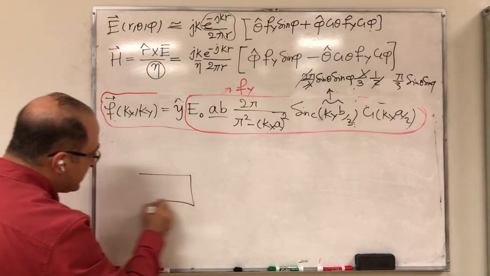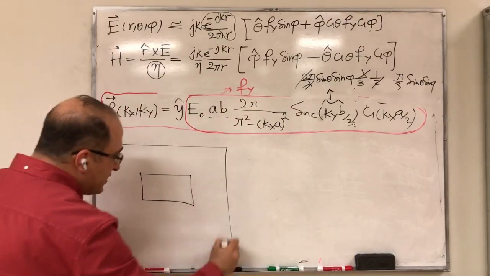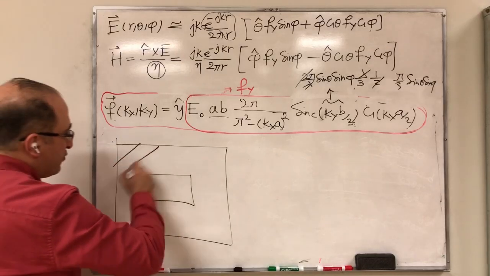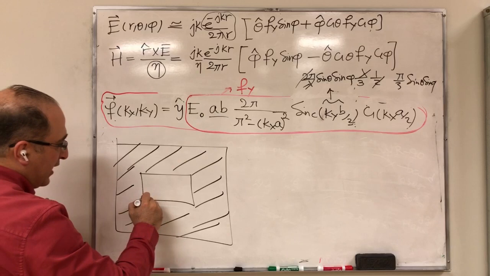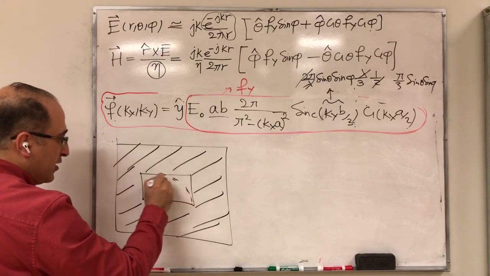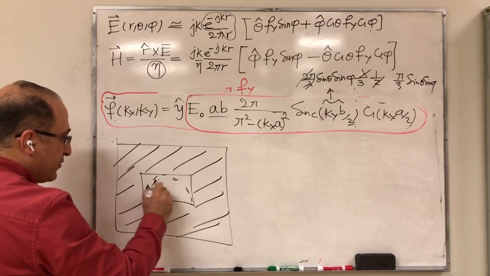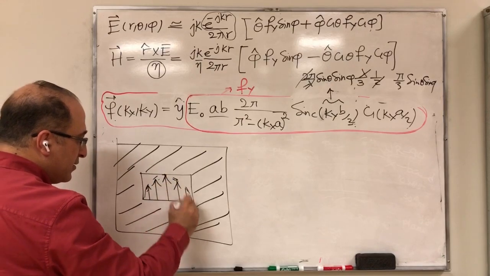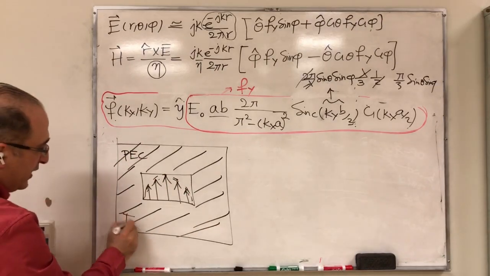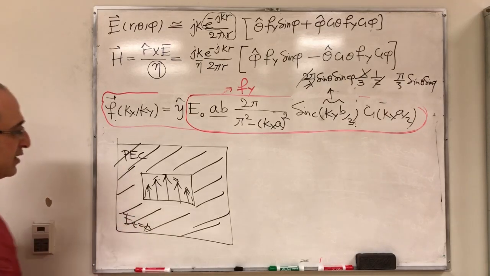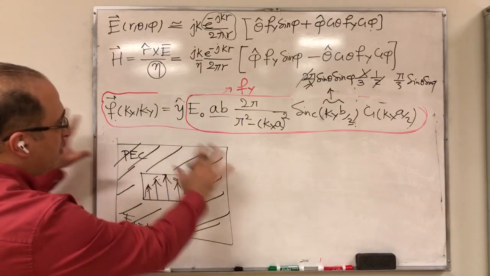So this was what I studied. I assume that I have PEC here, perfect electric conductor or metal, and then I have the aperture of my open-ended waveguide. And this is PEC. The nice thing about that is I know E tangential over PEC is 0. So therefore I know the field everywhere.